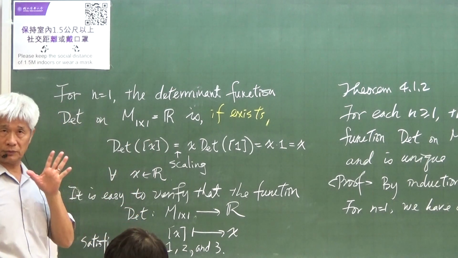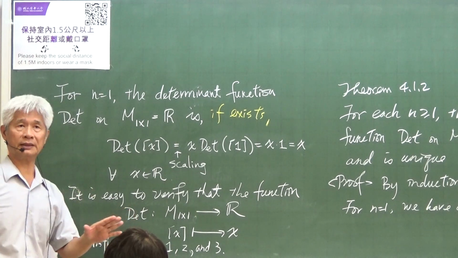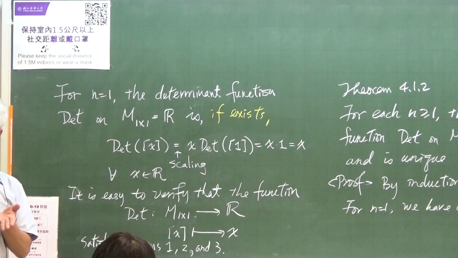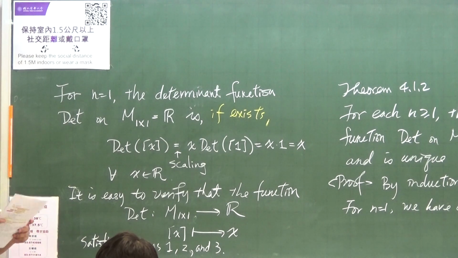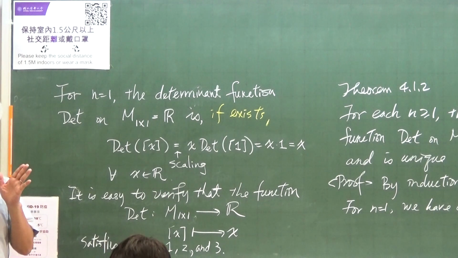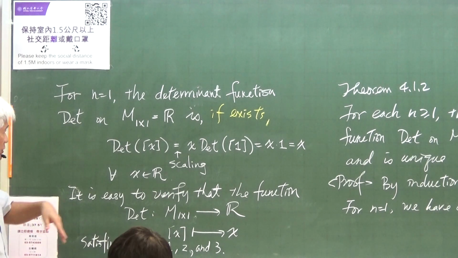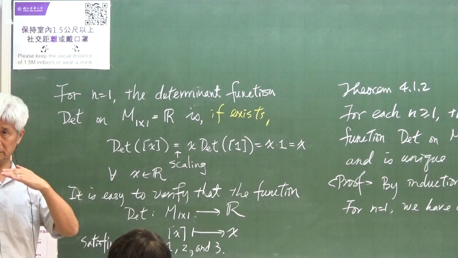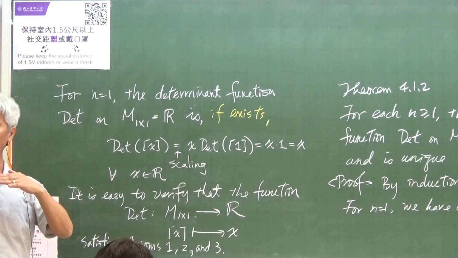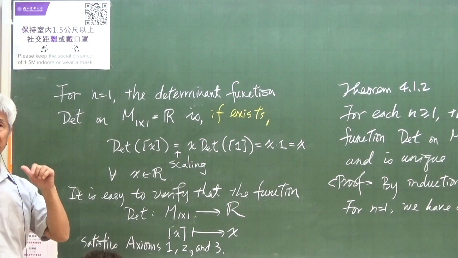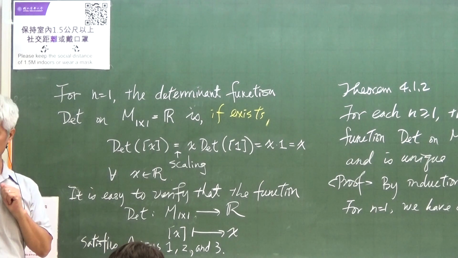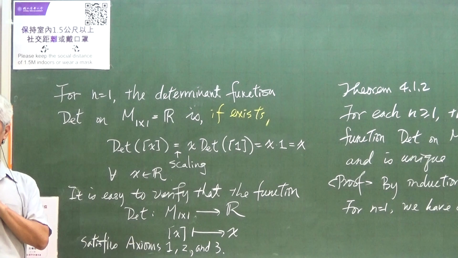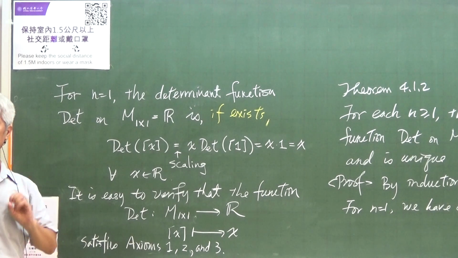Axiom 1 is that the determinant value of the identity matrix is 1. The second axiom says that we have linearity on the first row of the matrix. The third one is that if we exchange two rows, then we have to change the sign of the determinant. So we have 3 axioms.